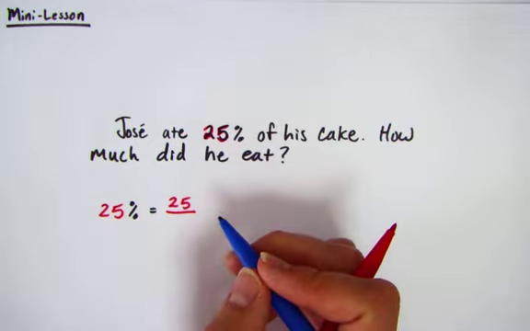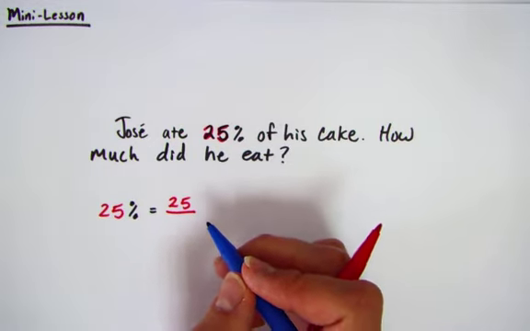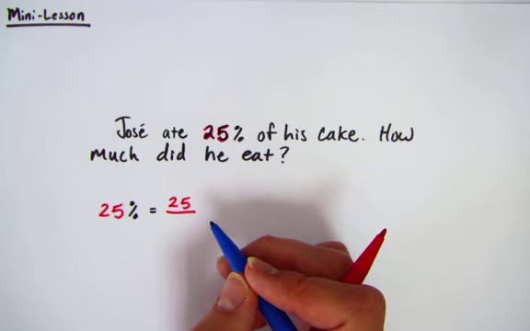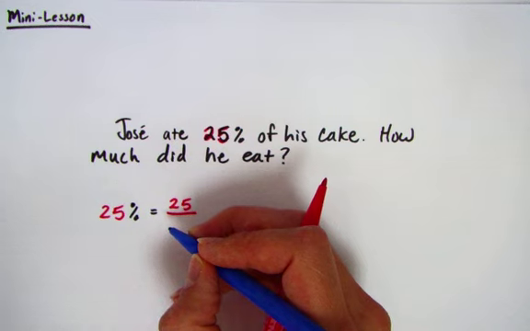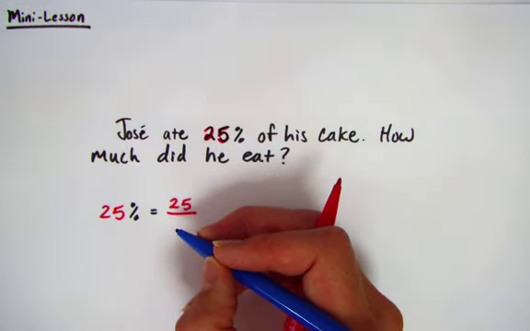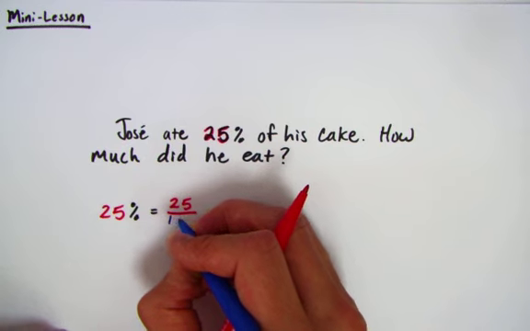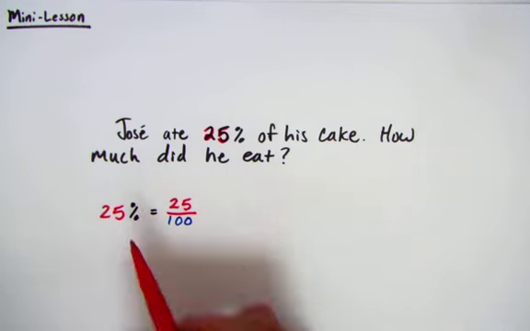over. Now if you've read the percent web page that I created, it says centi, or cent, is relating to 100. So like centipede. A centipede has 100 legs. So it's 25 out of 100. These are the same things.